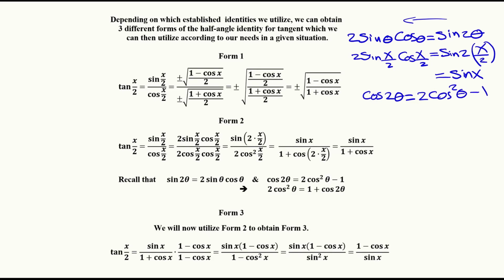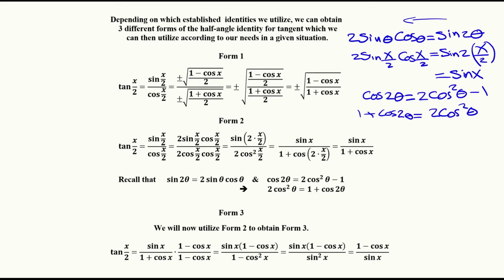So if we solve that for 2 cosine squared theta, we end up with 1 plus cosine 2 theta. And now, of course, here we're replacing theta with x over 2.